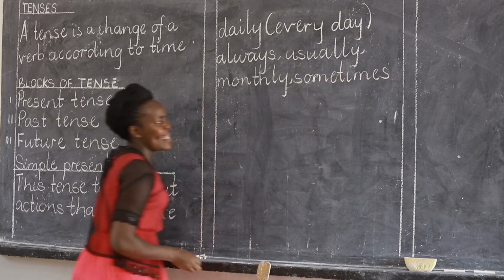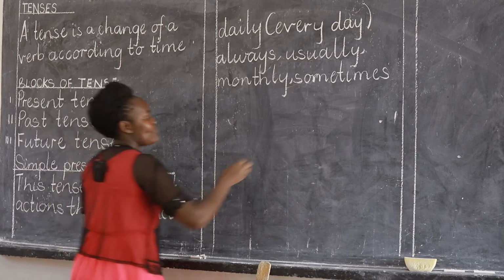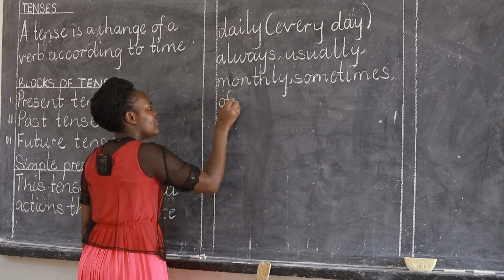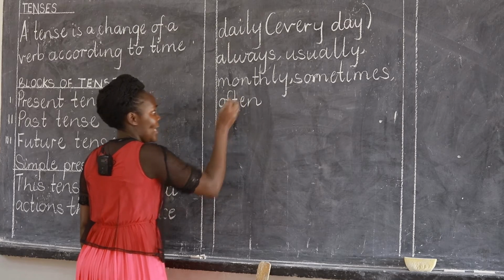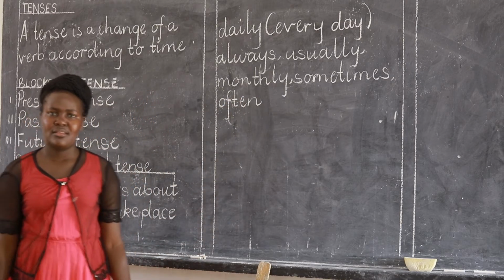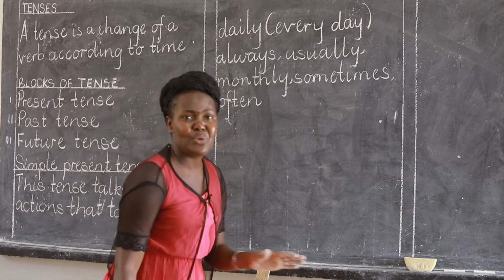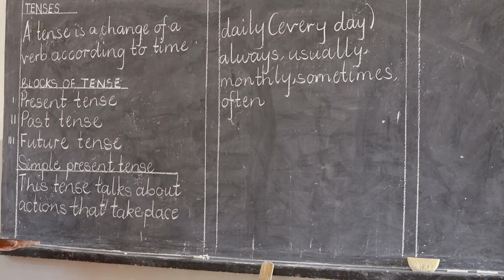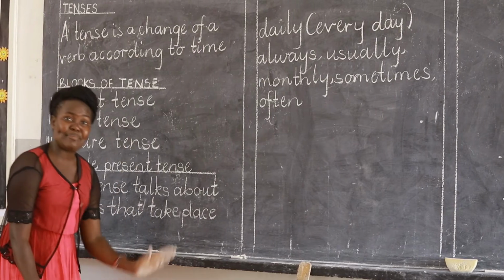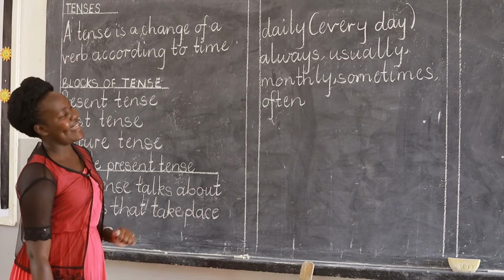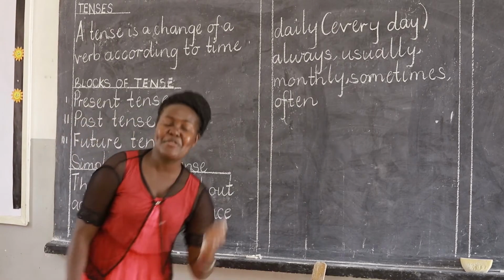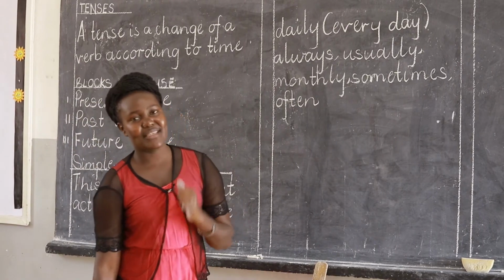In other words, these actions often take place. There are other words we can use to describe this action, but let's base on this. So these actions take place daily, that is the everyday. It can be every month, every Monday, every Sunday.